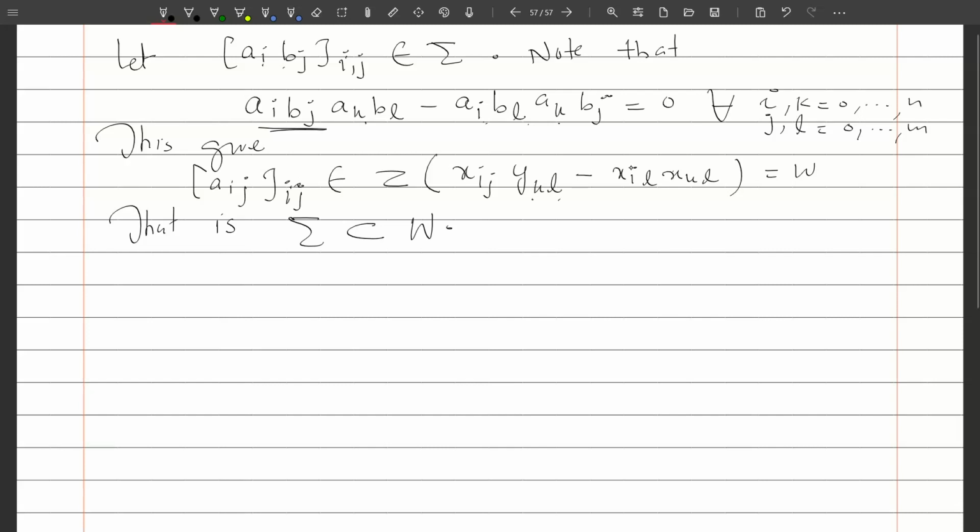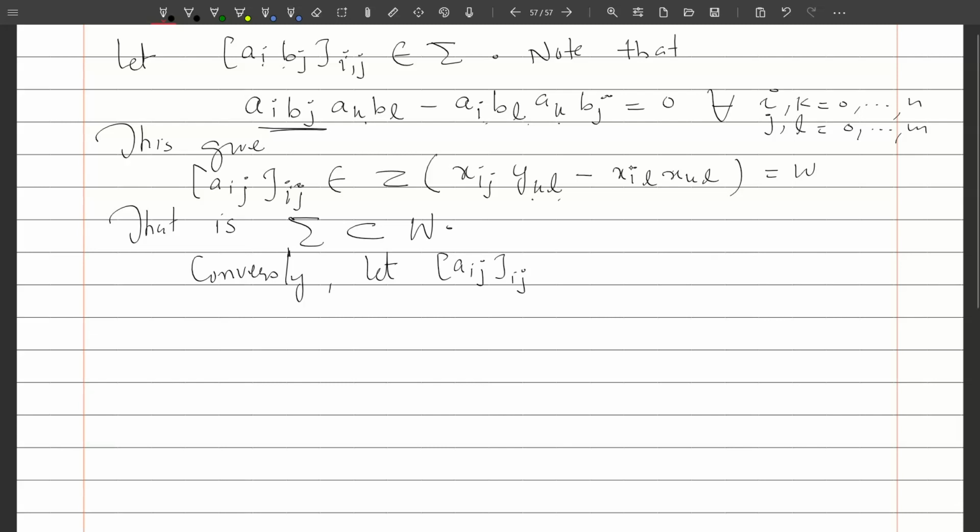Now to prove the other inclusion, we pick some point inside W, and we end up showing that point is also in this big sigma. So conversely, let us pick some point, say a_ij, where i goes from 0 to n and j goes from 0 to m.